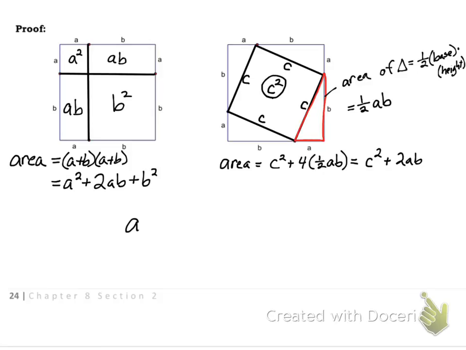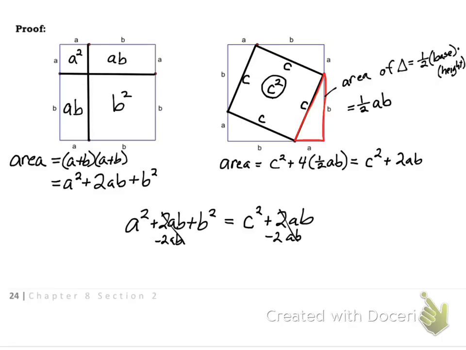So what we're going to do is set those two things equal to each other. The first way I found area was A squared plus 2AB plus B squared. That has to be equal to the second way I found the area, which was C squared plus 2AB. If I was trying to solve it, I would subtract 2AB from both sides, because I'm allowed to do that as long as I do it to both sides.